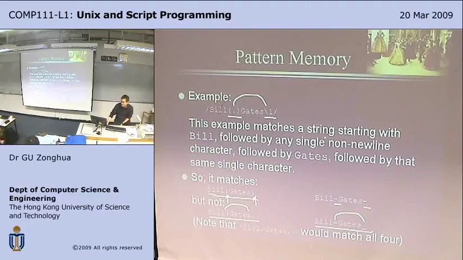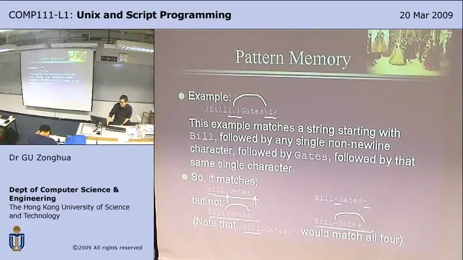So it matches a string starting with Bill, followed by any single non-newline character, followed by Gates, followed by that same single character. So just remember, parentheses indicate memory, and you refer to the memory with \1, \2 as the first parenthesis, second parenthesis, etc.